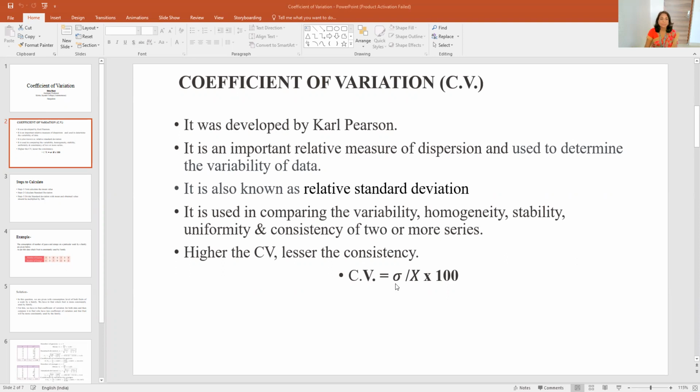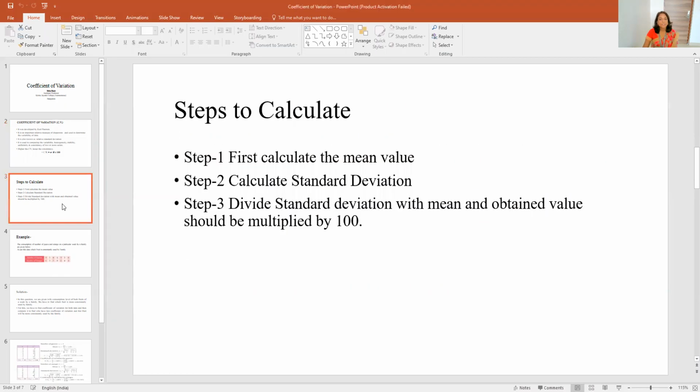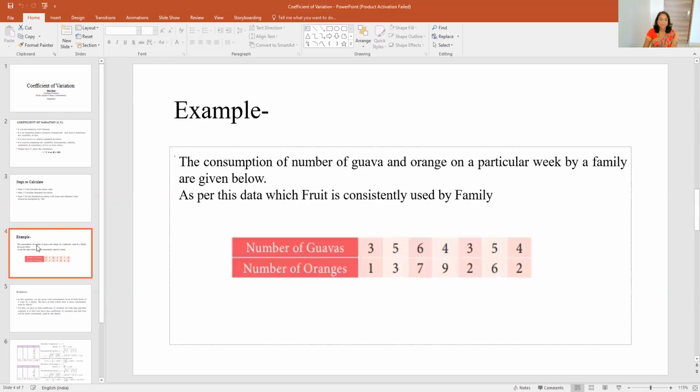There are certain steps to follow. First, calculate the mean value of the data given. Then calculate the standard deviation of the data. Then divide standard deviation by mean and multiply the value by 100, which gives the coefficient of variation.